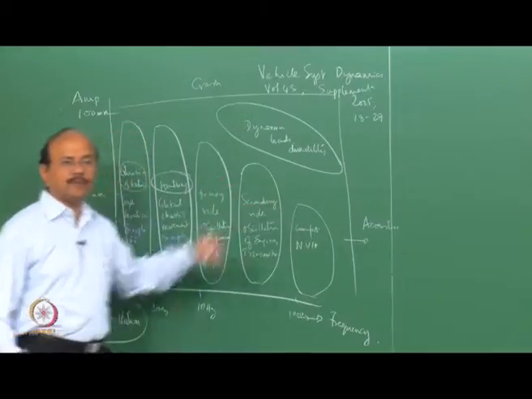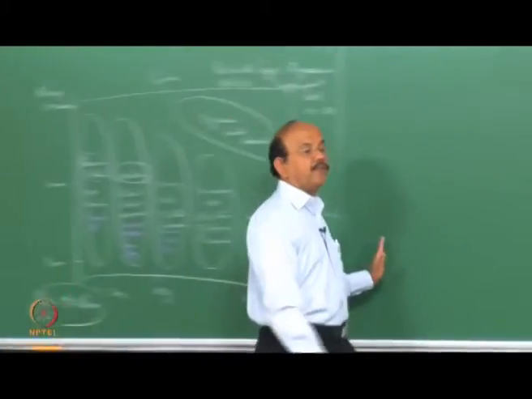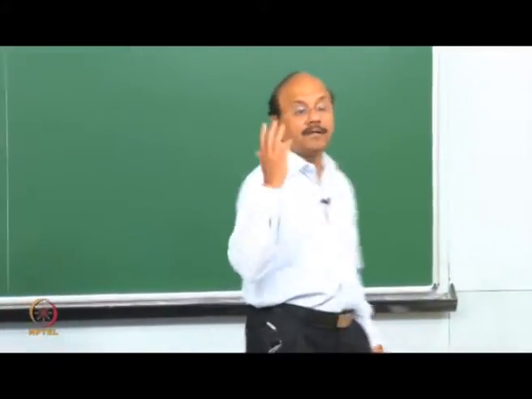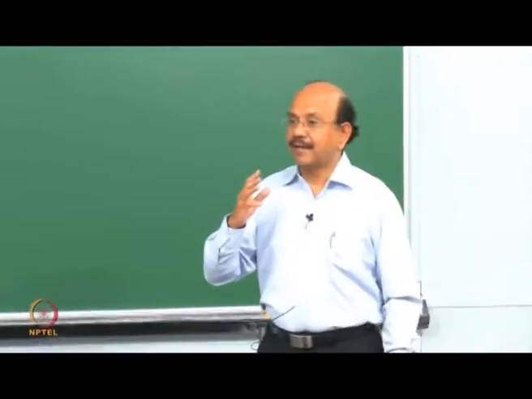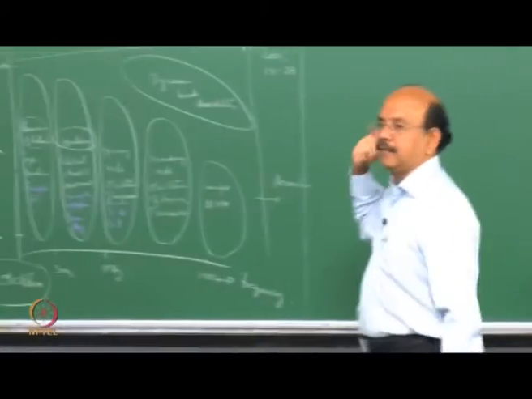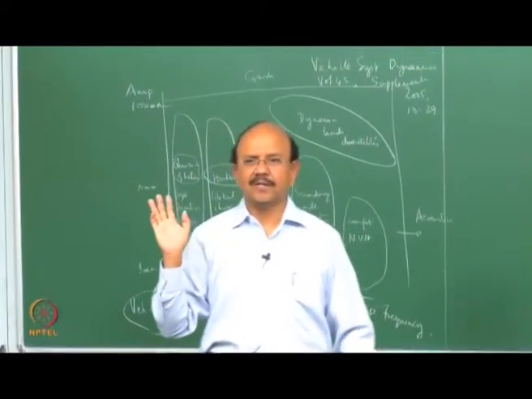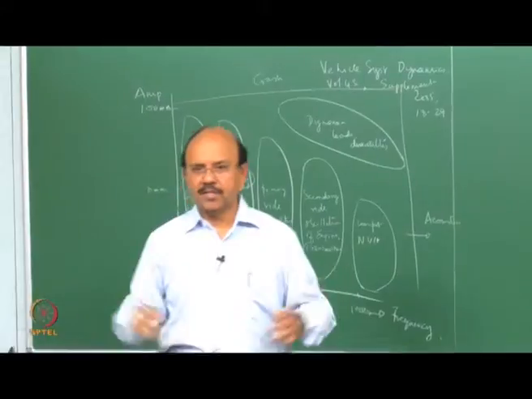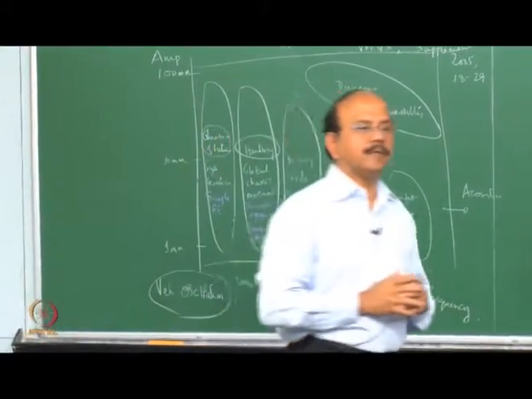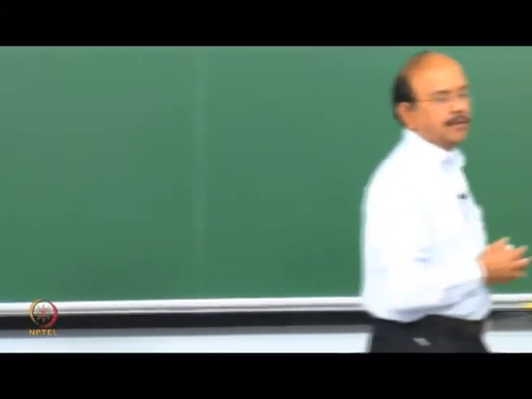Now you move to a much higher frequency, above 100 hertz, strictly speaking going up to 20,000 hertz, but we're not interested in such large ranges because that is the acoustic range. The acoustic frequencies of interest to us may extend up to about 2000 hertz.